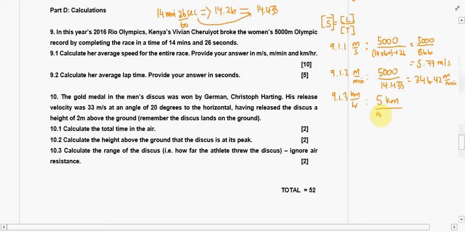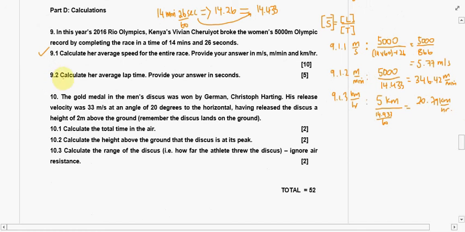So I take 14.433 and divide it by 60 to get hours, and I'm left with 20.79 kilometers per hour, pretty close to 21 kilometers per hour. That's how quickly she was running that 5k. Okay, so that's 9.1 sorted.